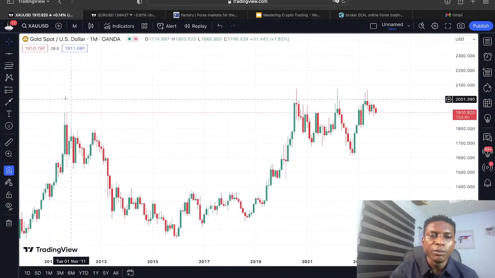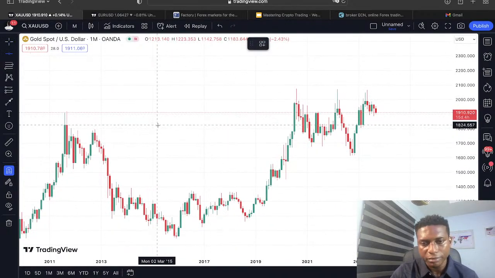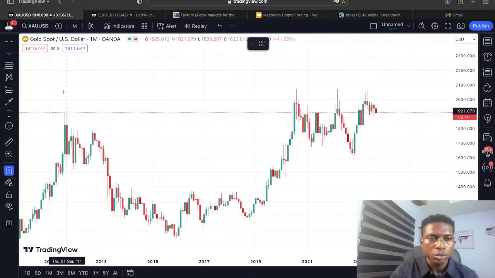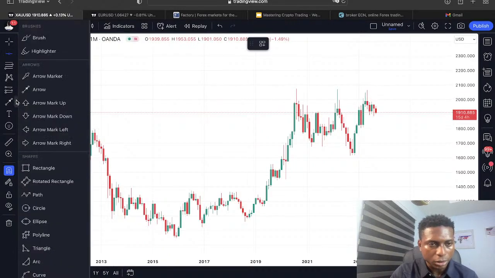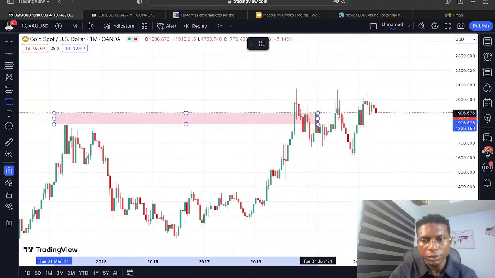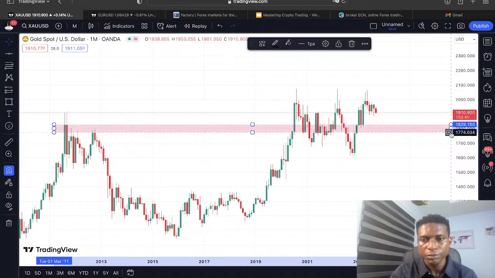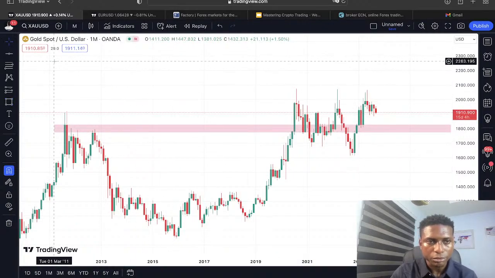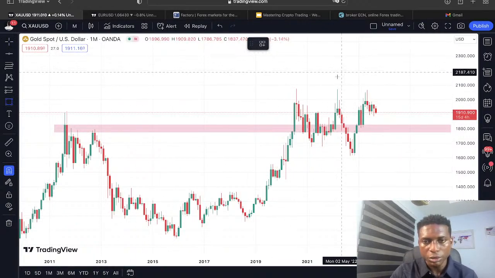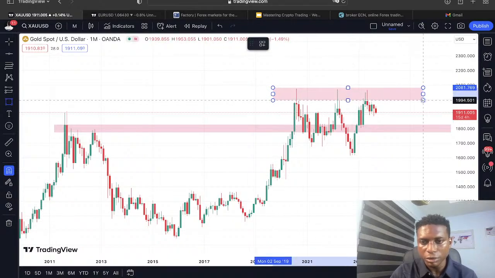On the monthly time frame, we can see that there are some levels to actually observe. Here is an important level to look into. Here is also another level to look into.